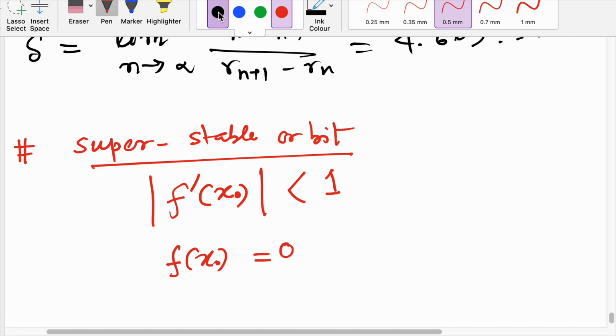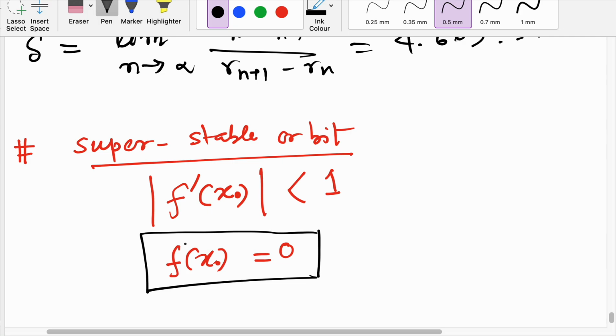So if any orbit contains a fixed point, suppose x_m, any fixed point x_m whose first derivative is 0, then the orbit is called a superstable orbit, because it contains a fixed point which is superstable.